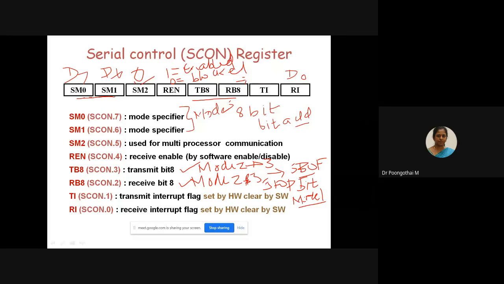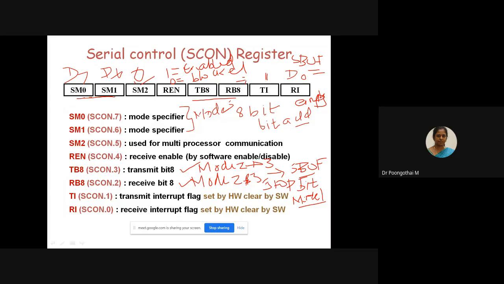If the data available in the SBUF register is completely transferred, this flag is set to 1 to indicate that it is ready to transfer another byte of data, which means the SBUF register is empty. So TI set to 1 indicates that SBUF is empty and ready to transfer another data byte. That is the meaning of the TI flag.